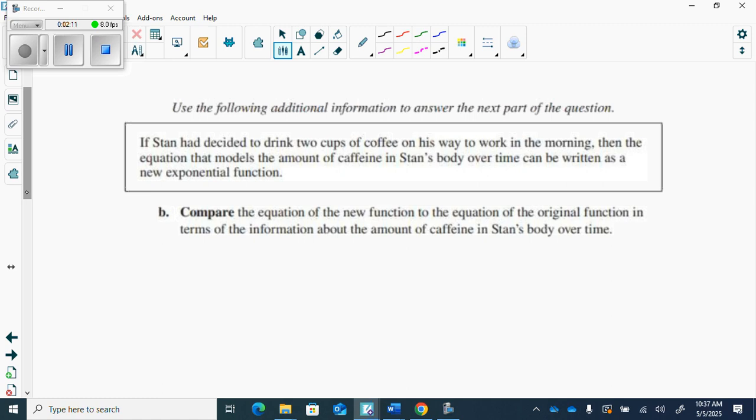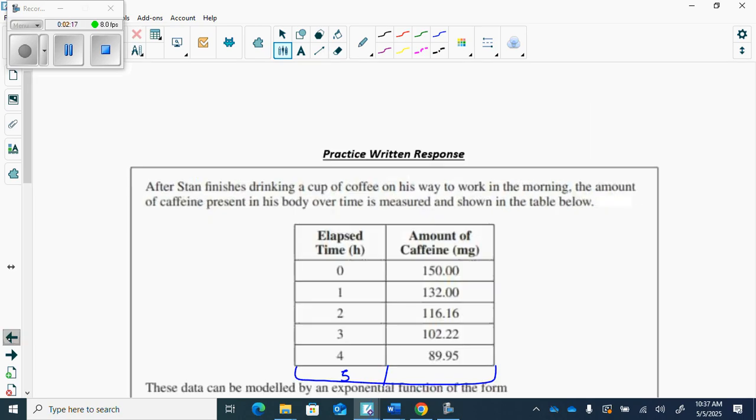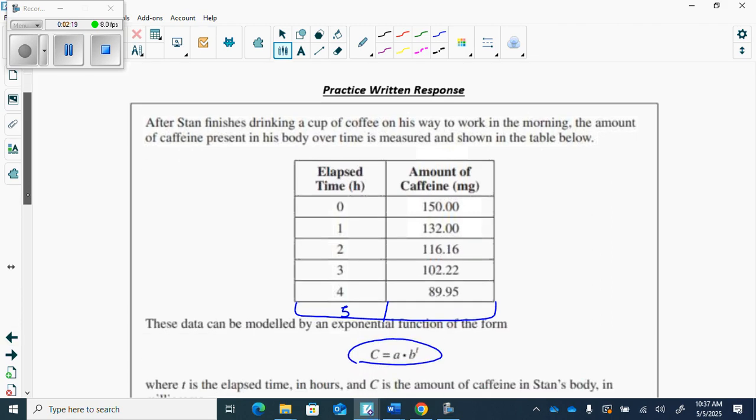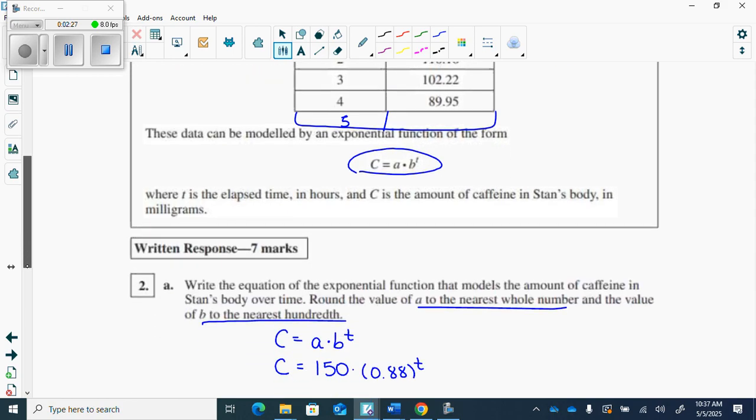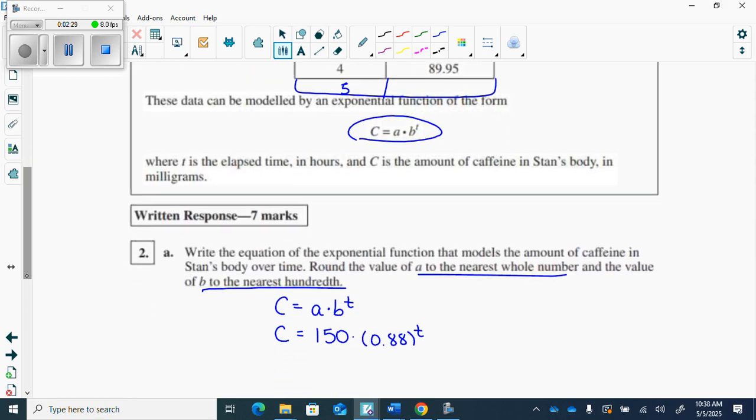Compare the equation of the new function to the equation of the original function in terms of the information. So what's happening every single time with this? So what rate is it changing by? 0.88, correct? Changing by 0.88, yes?